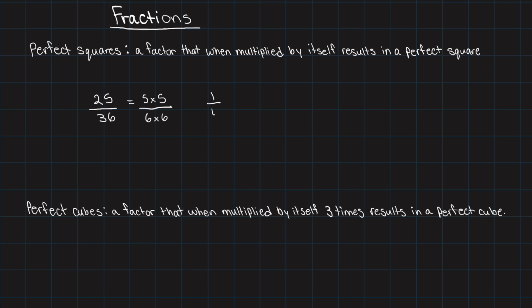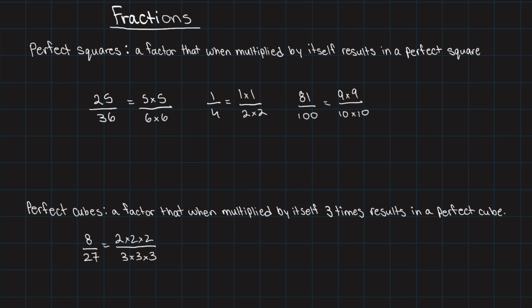Could also have 1 over 4, because 1 is a perfect square because 1 times 1, and 4 is also a perfect square because 2 times 2. I feel like that's pretty straightforward for the most part. And then same thing with perfect cubes, could have 8 over 27, for example, because 8 is a perfect cube because 2 times 2 times 2. Same with 27 with 3 times 3 times 3.